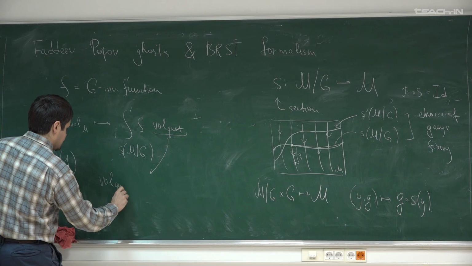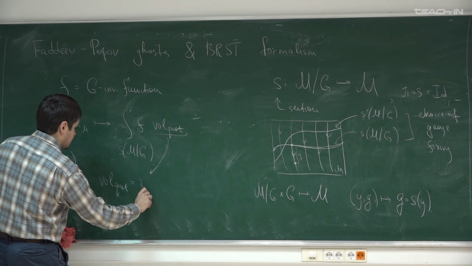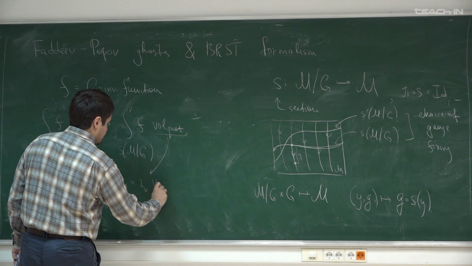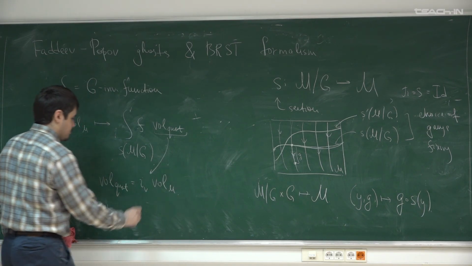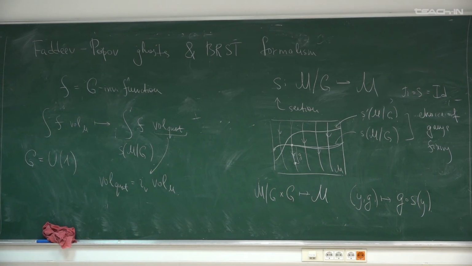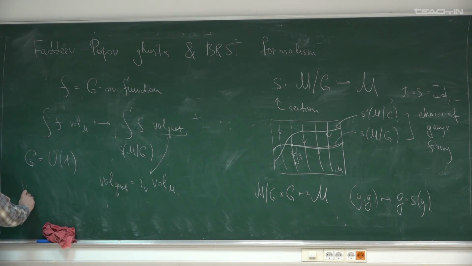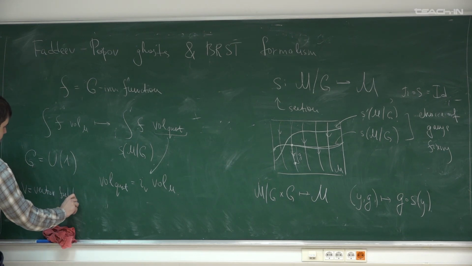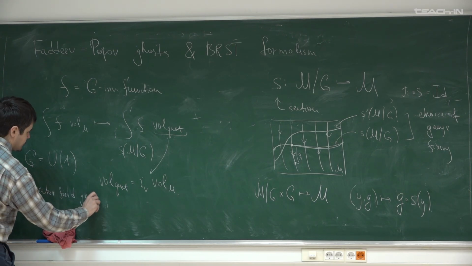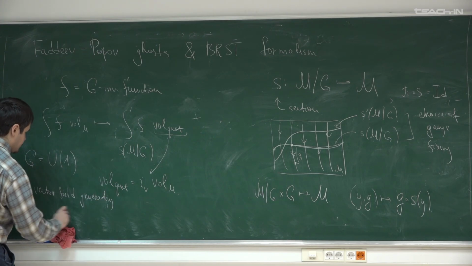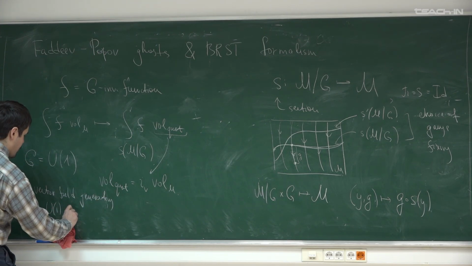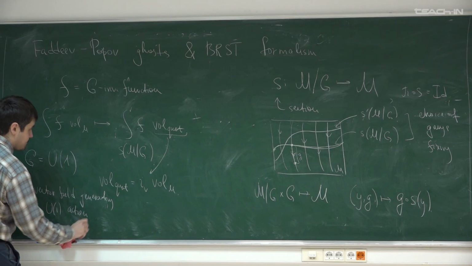This is just a contraction of the original volume form with respect to the vector field along the action of the group. So V is the vector field generating the U(1) action. Okay.